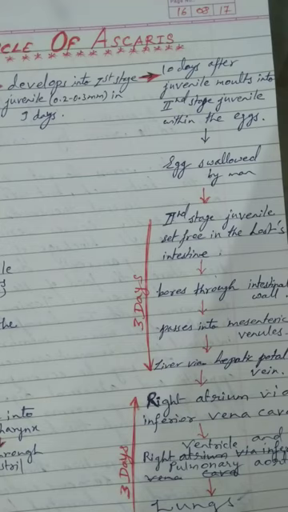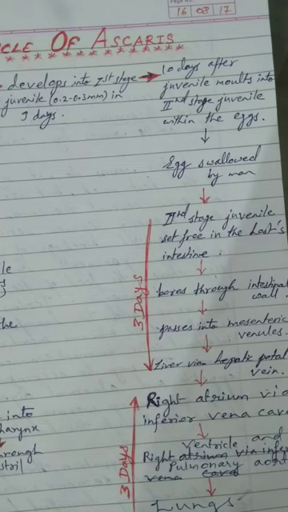When these conditions are available, segmentation begins and produces a small 0.2 to 0.3 mm long first juvenile stage, or rhabditiform larva, in about 9 days. It takes 9 days.